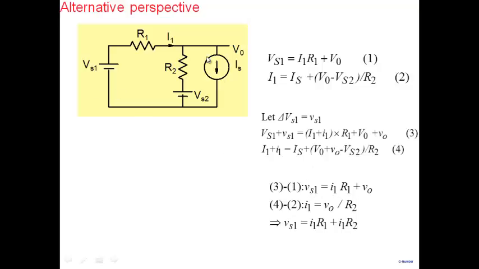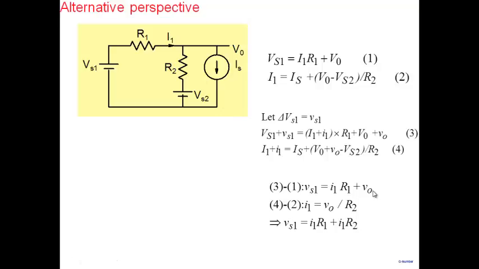The small i1 is the increment in the current that is flowing through that particular element. v0 is only the increment. So this set of equations that you see here is only talking about increments. Increment in current, increment in this voltage, increment in that voltage. It's not talking about the absolute value of the current here. It's only talking about increments here.